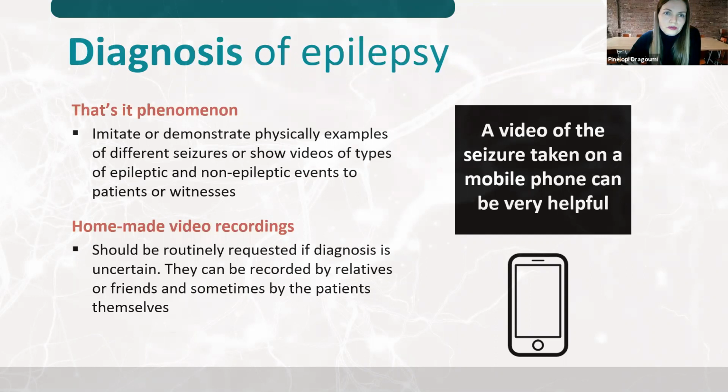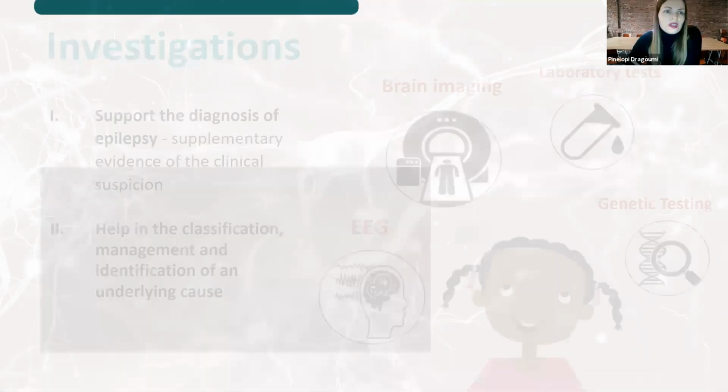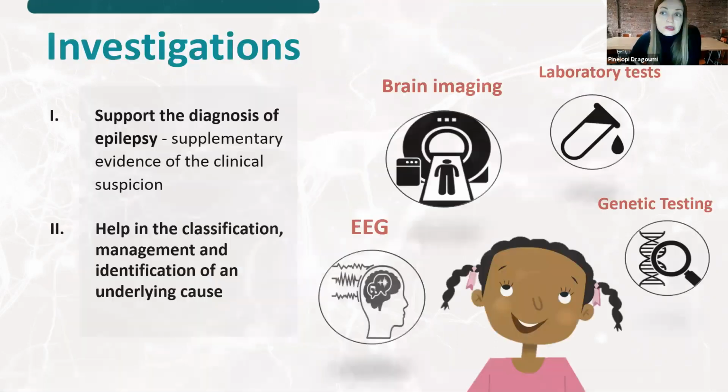What is the role of investigations? We all know that these are there to support the diagnosis. These are supplementary to our clinical suspicion. They can definitely be very helpful in classifying the seizure and the epilepsy type, and helping us to manage correctly, because there are different medications that we use for different seizure types, of course, and to recognize the underlying cause.